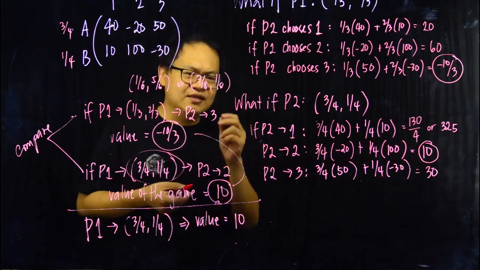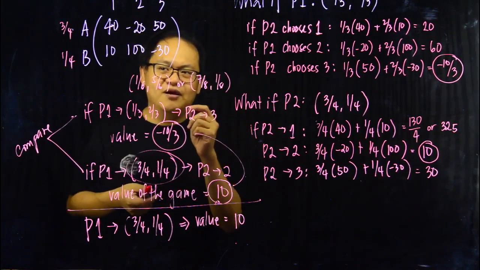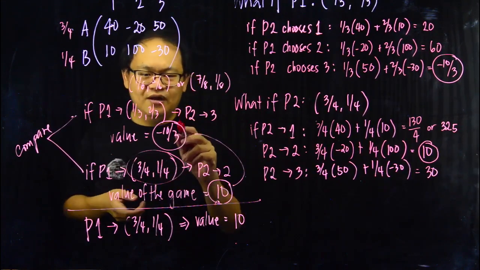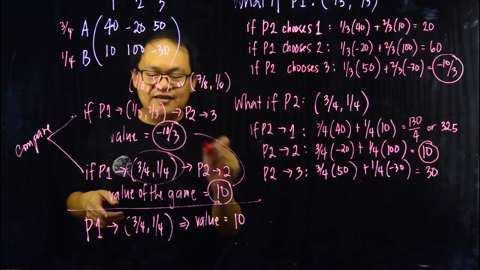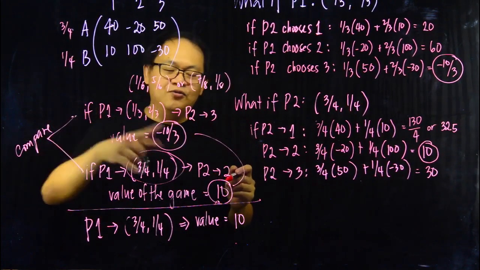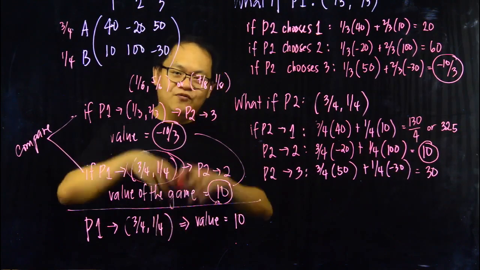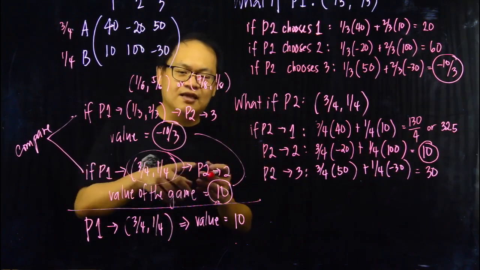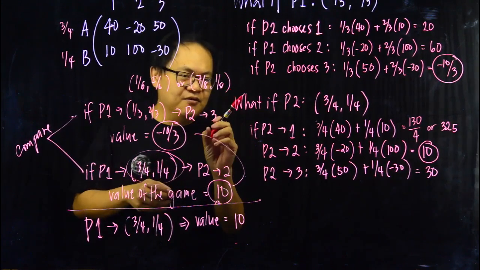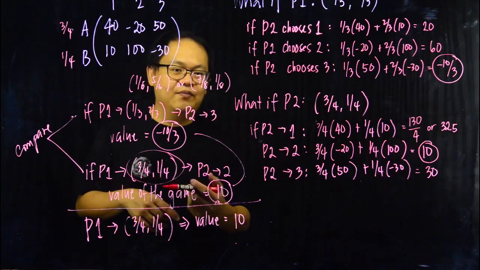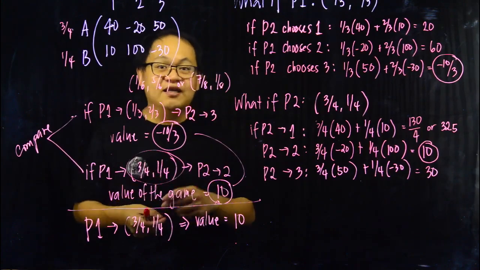So the question now is, how do you look for that pair of probabilities that will net player 1 the highest value of the game? If we're just comparing the two, the highest is 10. But out of the infinitely many possible strategies, how do you look for the pair that will give you the highest value of the game? And that is where we will be using linear programming.